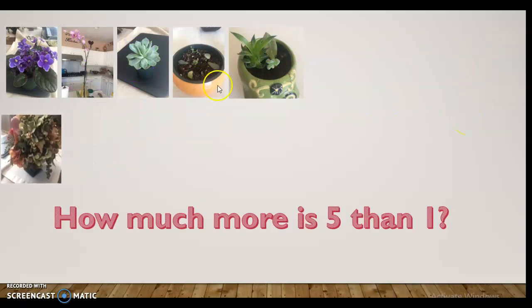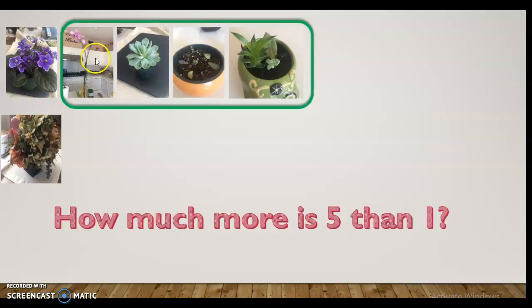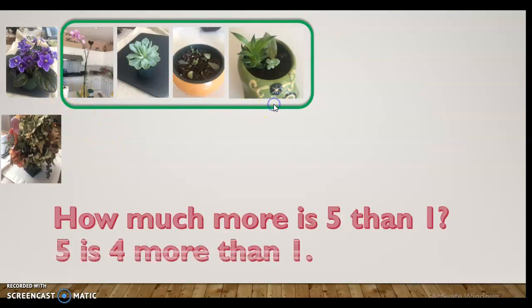So now I can see that these are the same, and here is my group. 1, 2, 3, 4. So I can say that 5 is 4 more than 1. Now have some fun. Go find some objects and compare.